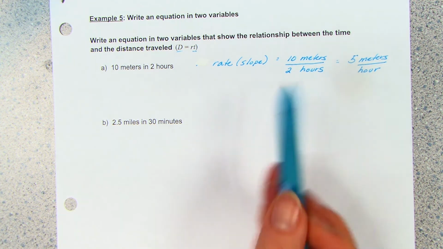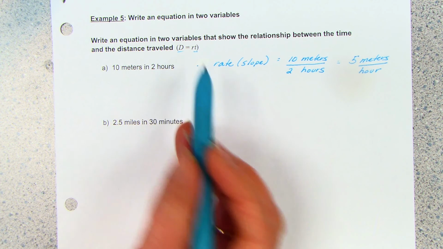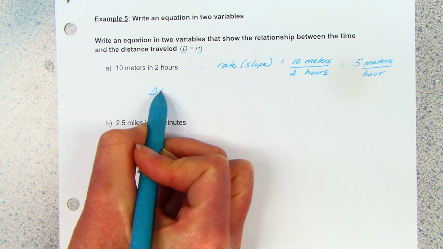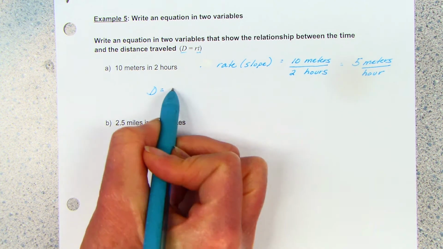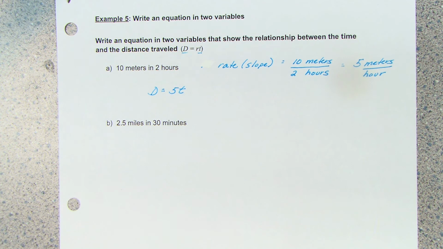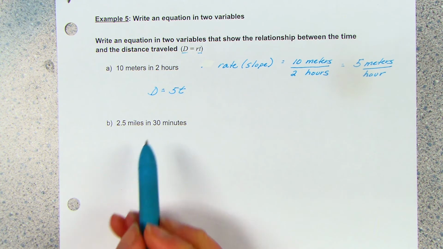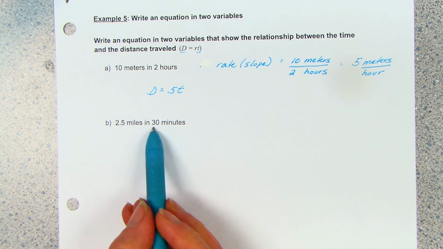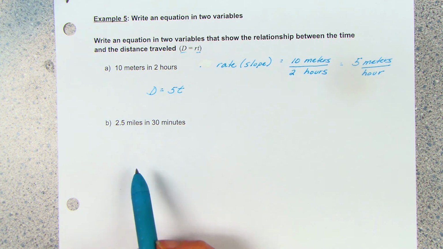Okay, so here's my rate. So when I want to write it as d equals rt, I take the distance is equal to the rate, 5, times the time. Okay, so all you have to do for these problems is to write this as a rate and then substitute it into the problem.